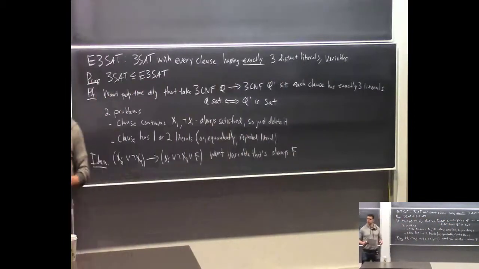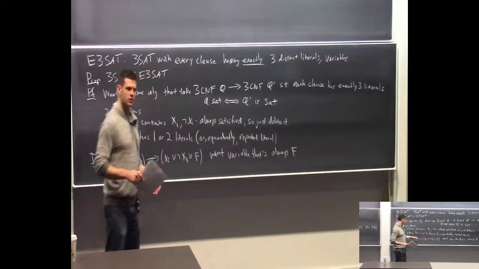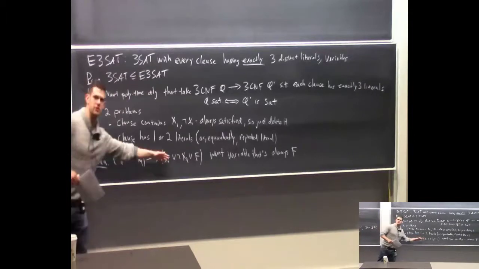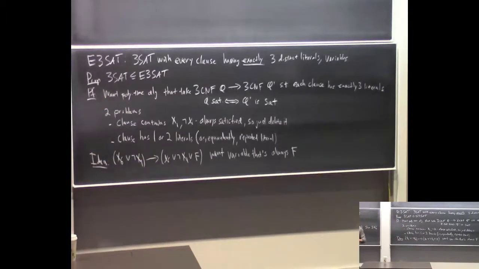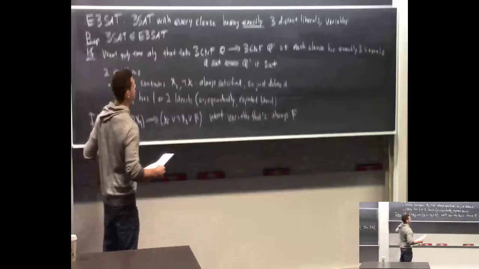All right. Does this idea make sense? So if we had a variable that was always false, we could throw it in here, and we'd get this nice thing where you could satisfy this one if and only if you can satisfy this one. Okay. So how are we going to do this? Well, it's pretty straightforward.